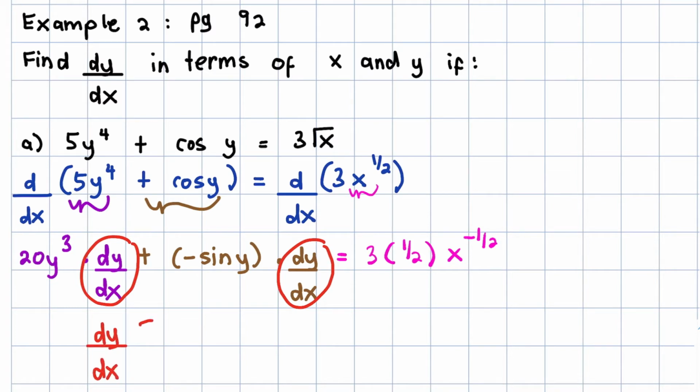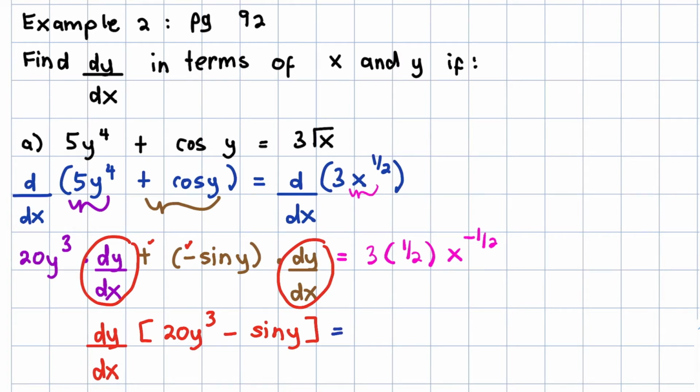Now, the first term, if you factor out dy/dx, you will be left with 20y³. The second term, plus and minus will give you minus, then you will be left with sine y, equivalent to nothing more, just write it back.